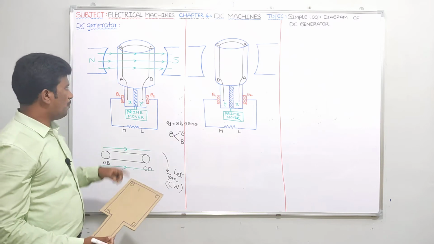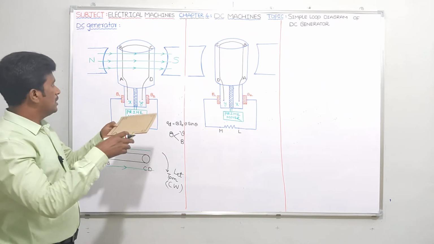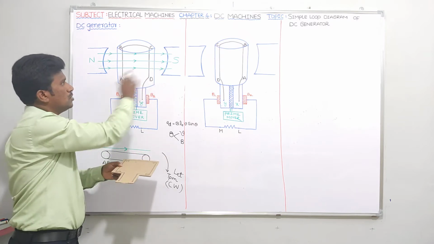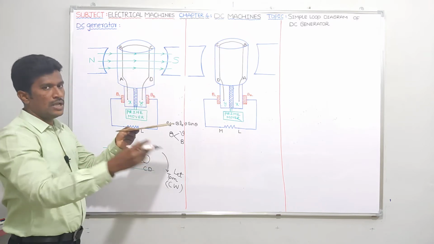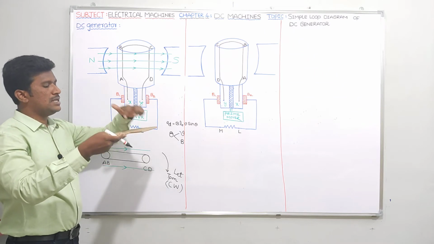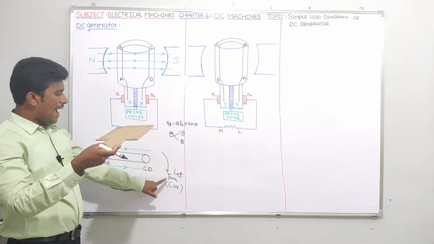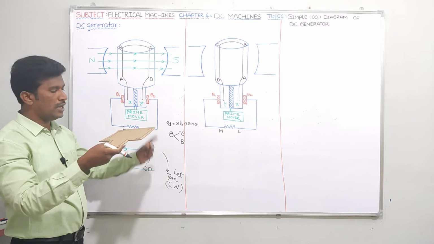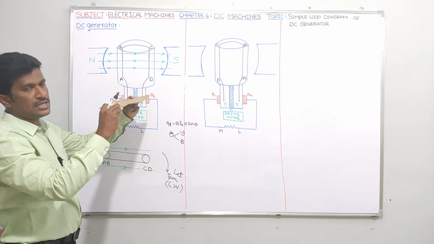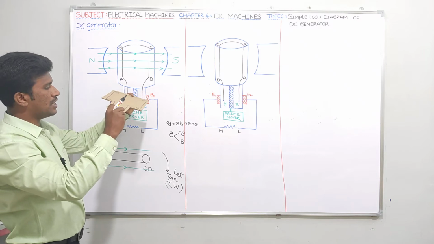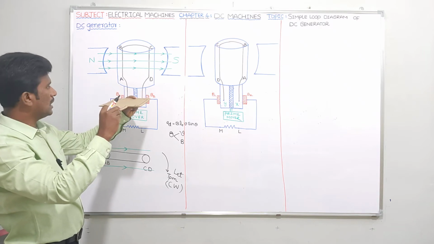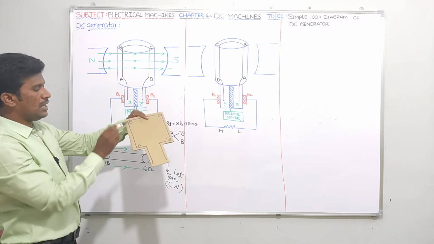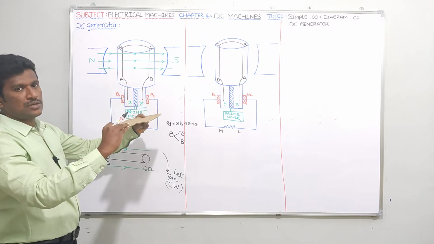Now please tell me, initially flux lines are going from the north pole to the south pole. And this A, B, C, D is a conductor. I am moving this conductor in clockwise direction by using the prime mover. See, guys, please try to understand. If I rotate in clockwise direction, tell me at the AB conductor, what is the tangential motion?